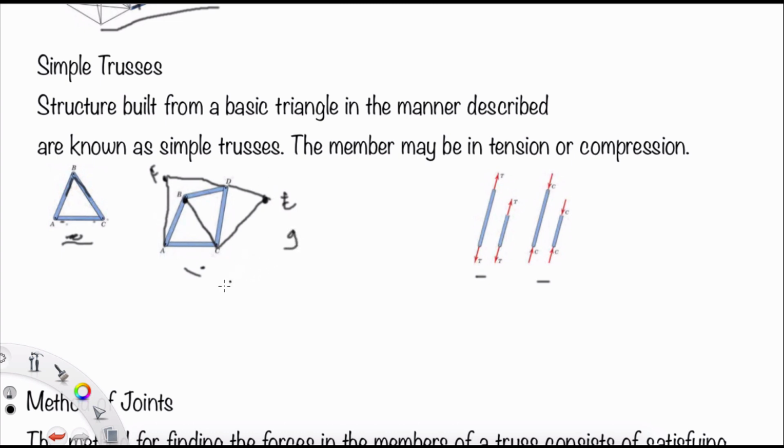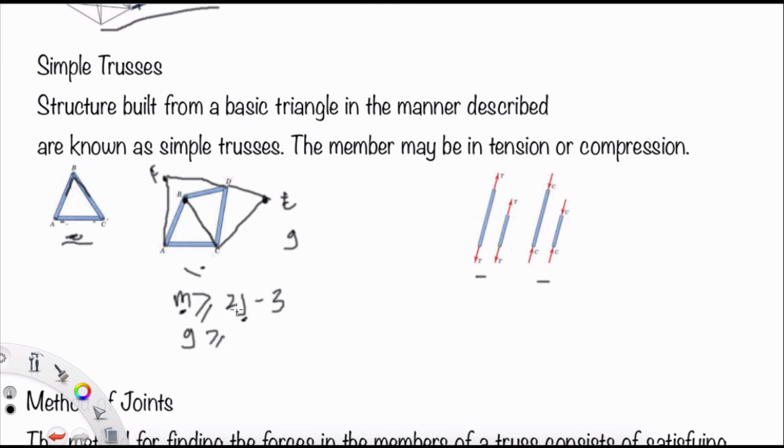And we can now calculate, with a basic equation, whether this structure is stable or not, where M refers to the members and J refers to the joints. How many members do we have here?